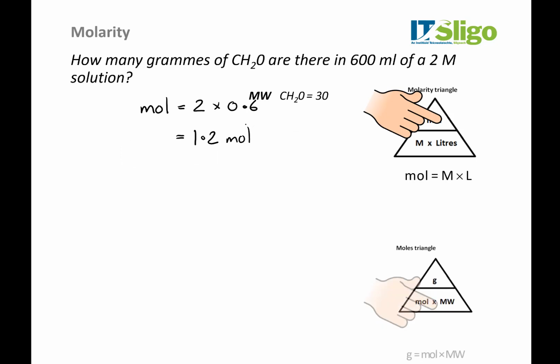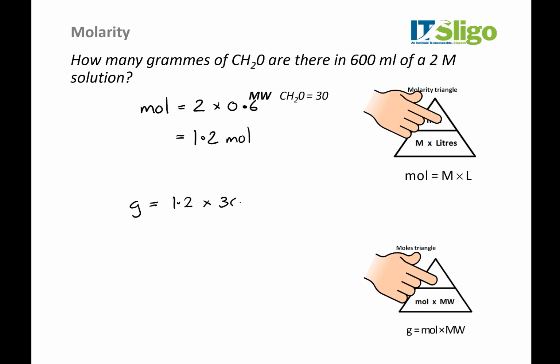The grams required is moles by molecular weight. So in this case, grams is moles 1.2 by the molecular weight, which is 30. And this will give us then 36. So our answer then required is 36 grams.